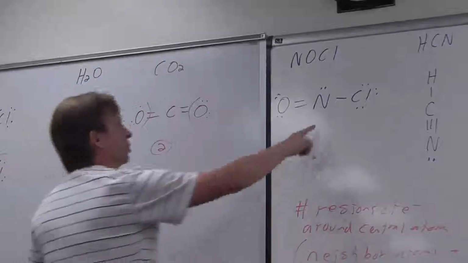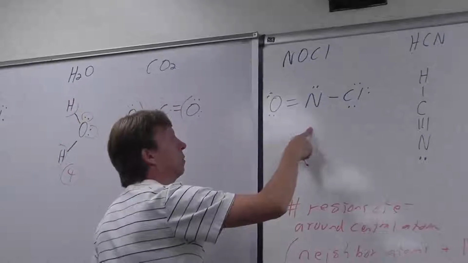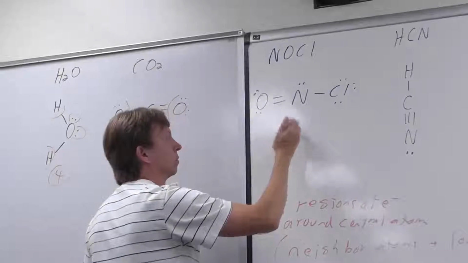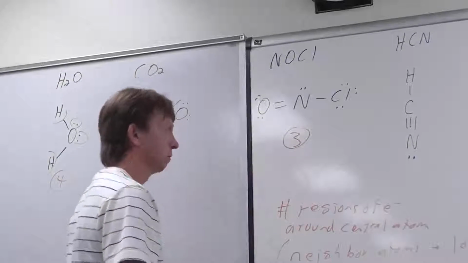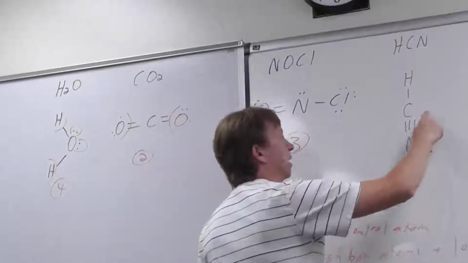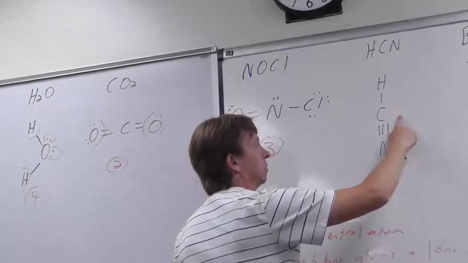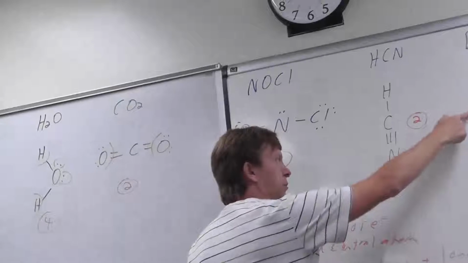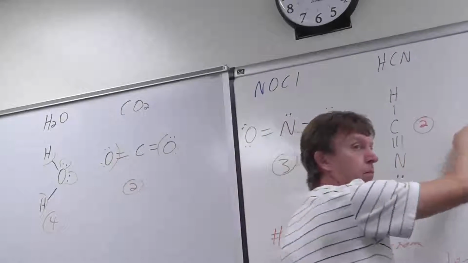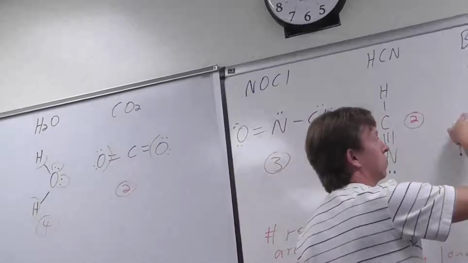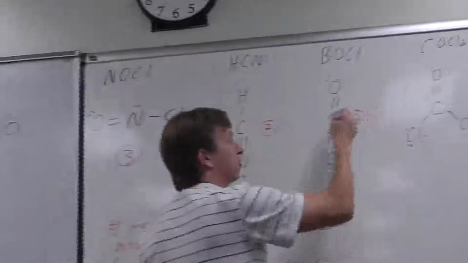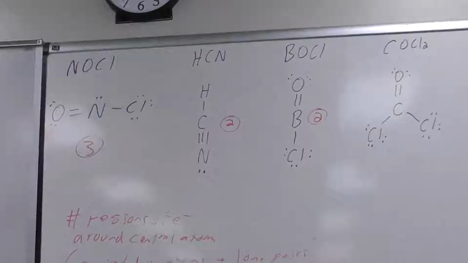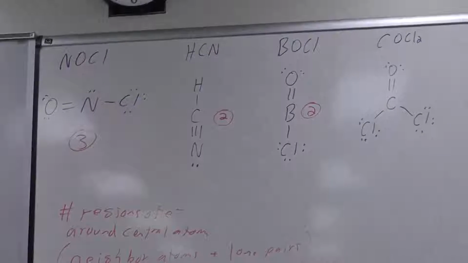What about this nitrogen? How many total locations? 3. How about the carbon in hydrogen cyanide? 2. This boron? 2. Anybody for 2? Oxygen and chlorine, that's two neighboring atoms, and there are no lone pairs on the boron.